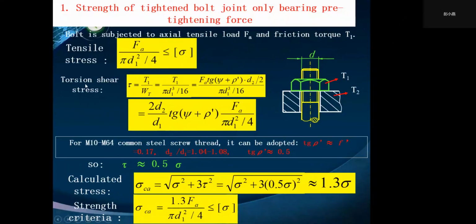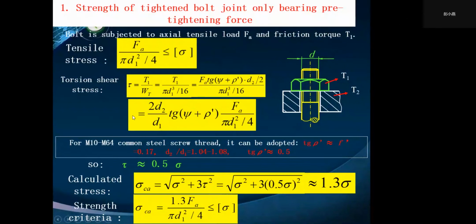And for torsion shear stress, the shear stress tau is equal to the torque divided by the section modulus in torsion WT.